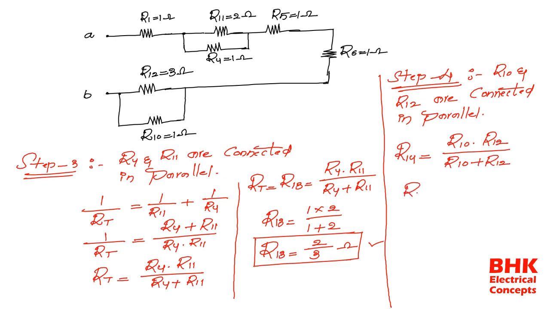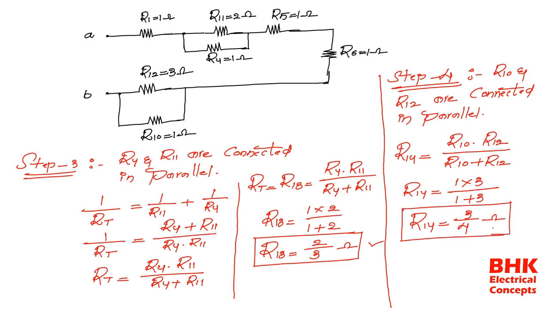Now we know that the value of R10 is 1 ohm, R12 is 3 ohms, divided by 1 plus 3. So R14 is equal to 3 divided by 4 ohms. Okay. Now here the value of R13 we know, and the value of R14 also clear.